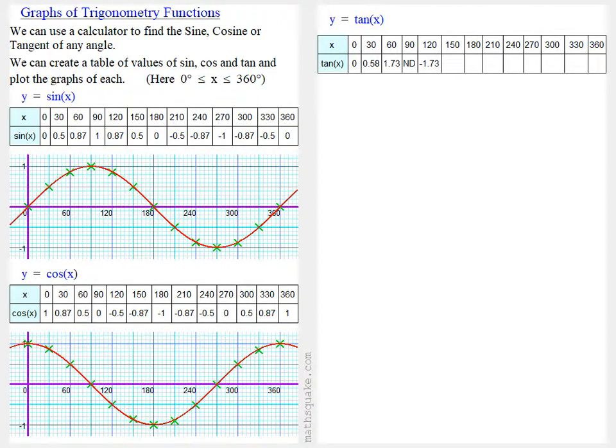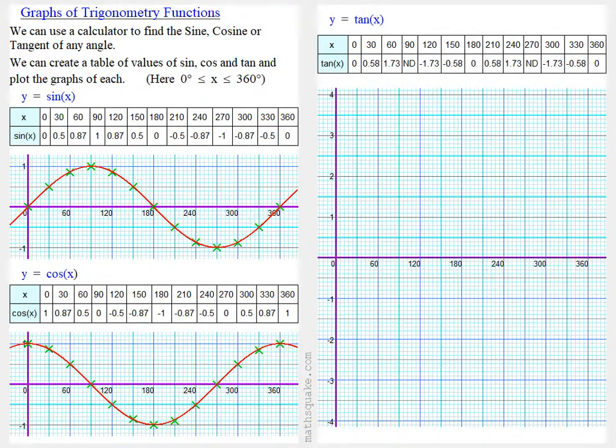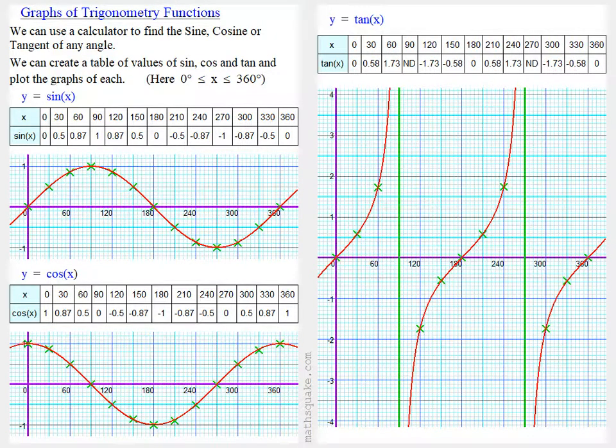Then, minus 1.73, minus 0.58, 0, 0.58, 1.73, and the tangent of 270 is not defined. And then, minus 1.73, minus 0.58, 0. We can plot these points. And we can join those with a smooth curve.